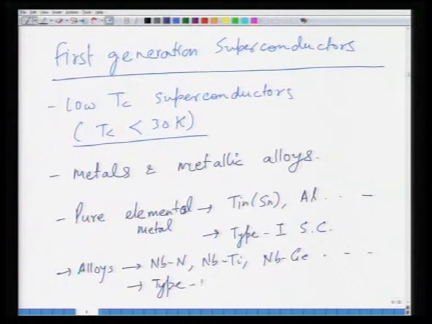What type 1 and type 2 mean will be clear to you in a while, but this was the definition of low temperature superconductivity in metallic systems before the advent of high temperature superconductivity.